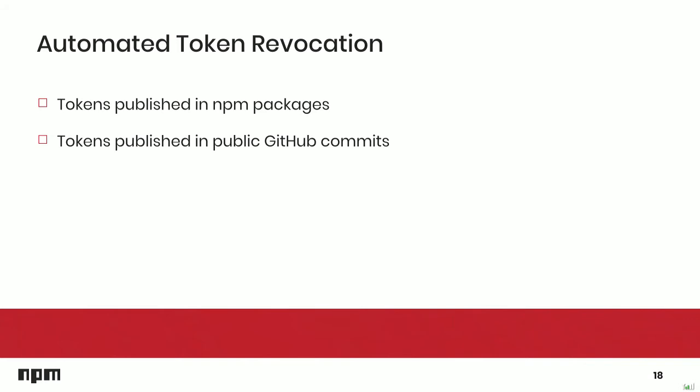And now, as announced just a couple of days ago, through the GitHub token scanning partnership, we're now revoking tokens that are published in public GitHub commits, which is amazing because it happens more than you think it does. We all make mistakes, and what's amazing is it takes under 2 seconds from time of publish to the time you have the email in your inbox saying that we revoked that token and protected your account for you. Pretty amazing.